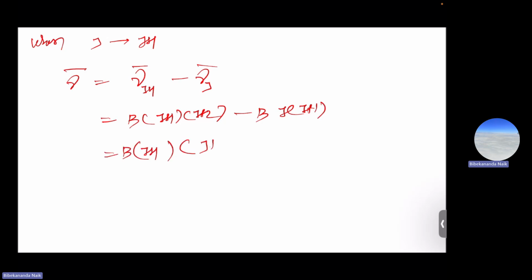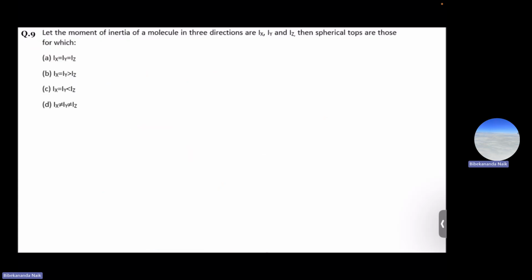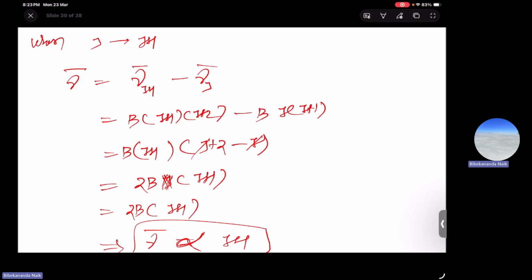We can take B into J plus 1 common, J plus 2 minus J. So J will get cancelled out, and it will be 2B into J plus 1. So we can say that the wave number is directly proportional to J plus 1. So let me add another slide.